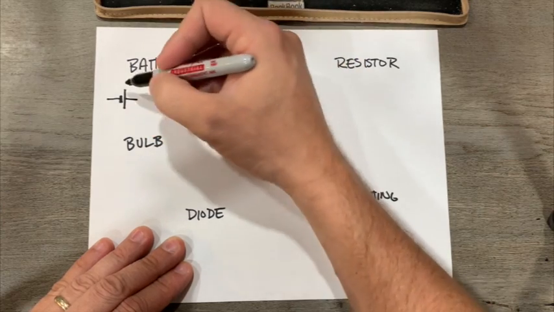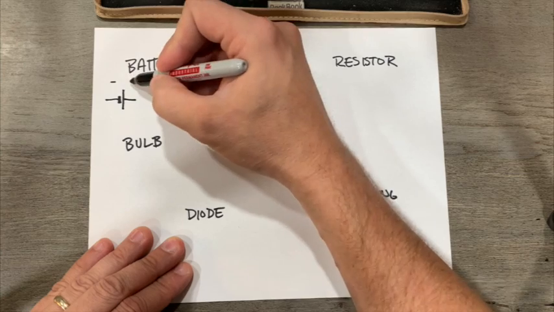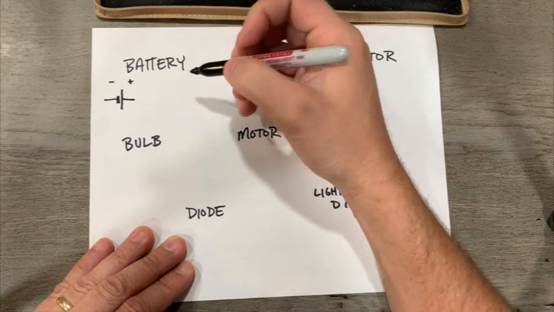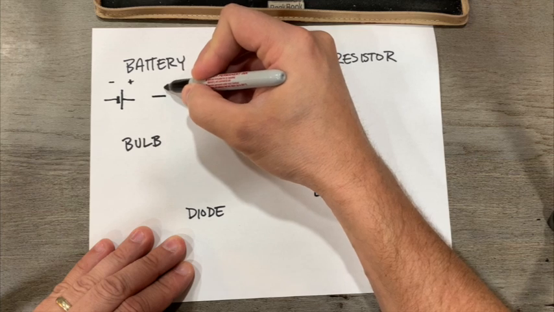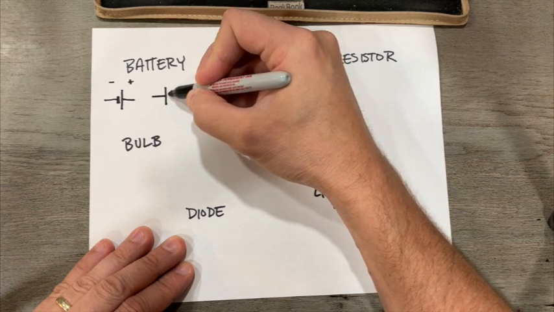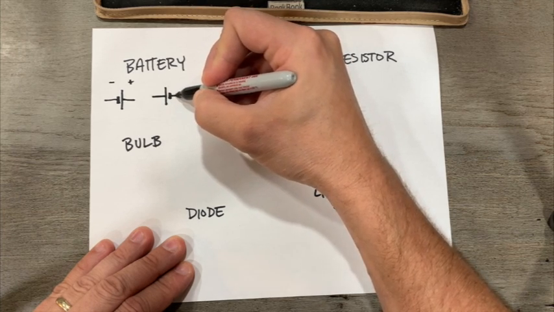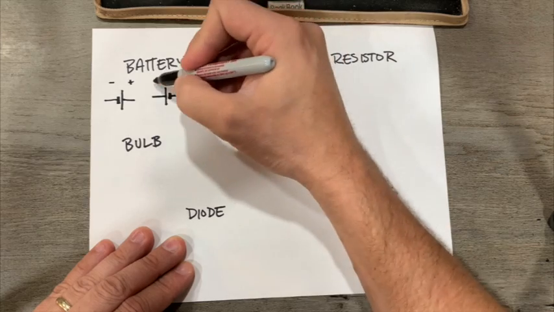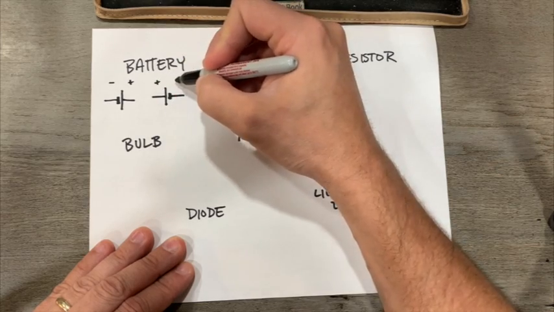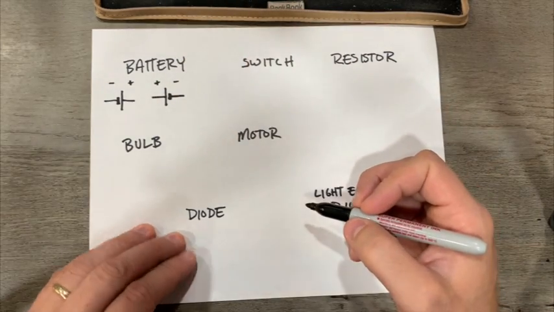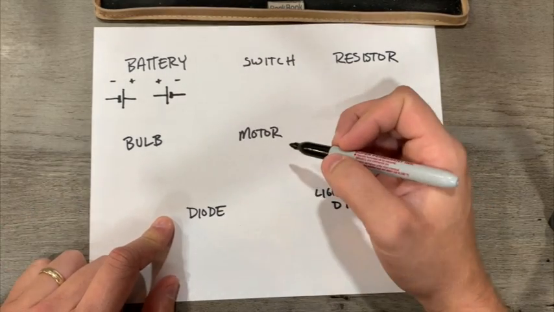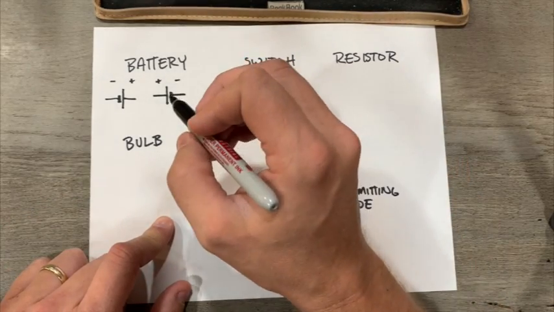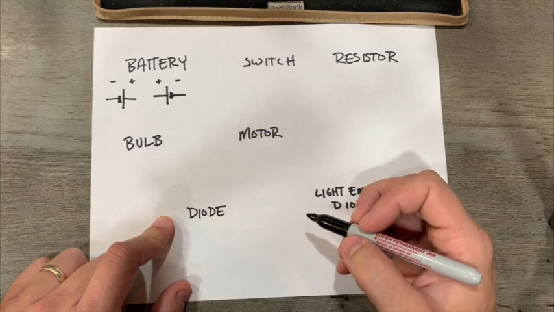So for this symbol for a battery, this would be the negative, this side would be the positive, and I'll just draw that again here with reverse. We'll draw the positive first, which is the long side, and then the negative is a shorter little line right there. So positive on this side, negative on this side. And that's it. That is the circuit diagram symbol for your power source for a DC or direct current battery.